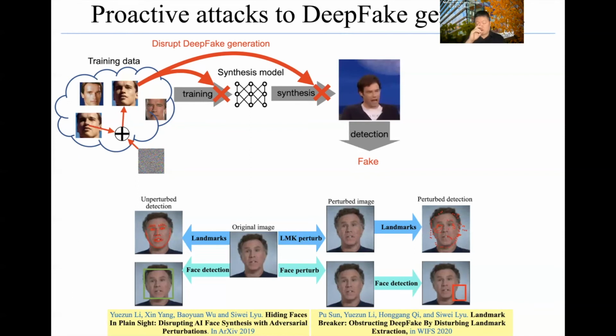Faces cropped and aligned this way will mostly facilitate the training and synthesis process and reduce the training overhead of the neural network. So if we can disrupt or obstruct that process, we are able to affect the training and generation process of this kind of deepfake videos. So our idea is to target specific face detectors.